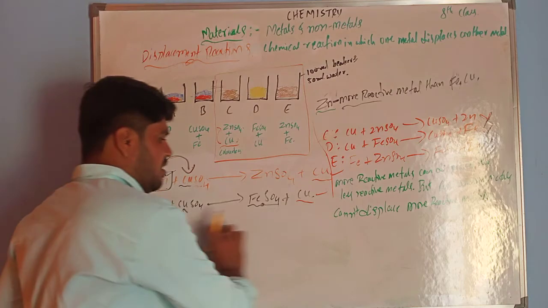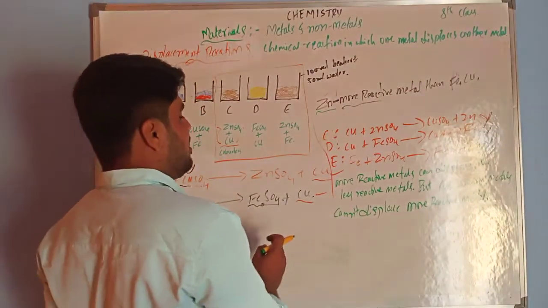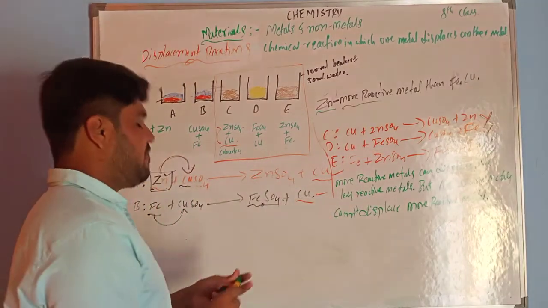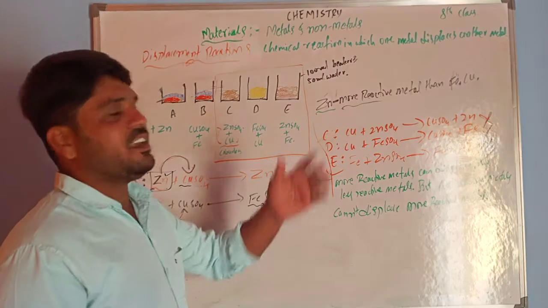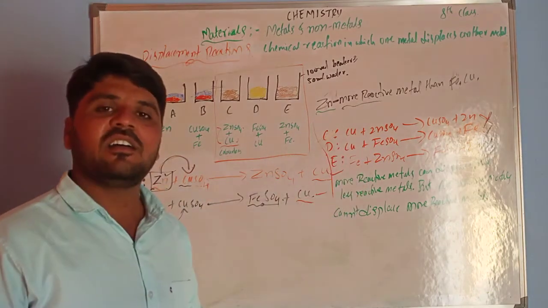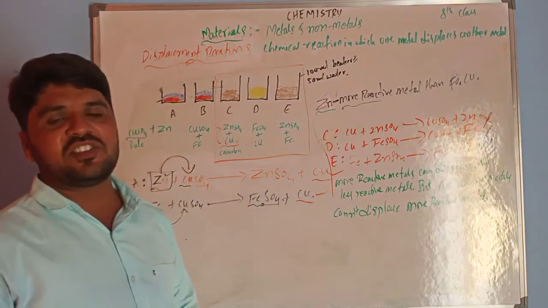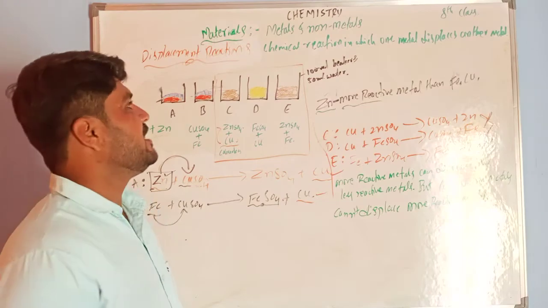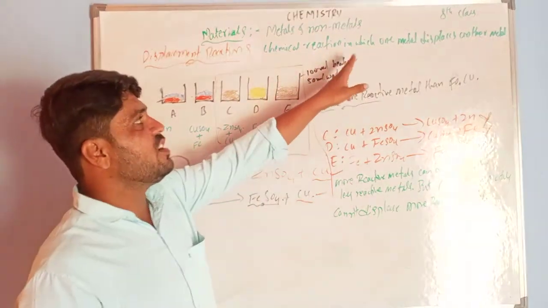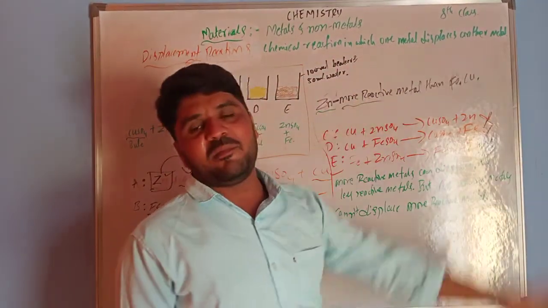We have a series of metals showing which one is more reactive and which one is less reactive. In the future, in higher classes, we can study it in detail. So this is what displacement reactions are. A displacement reaction is a chemical reaction in which one metal displaces another metal.